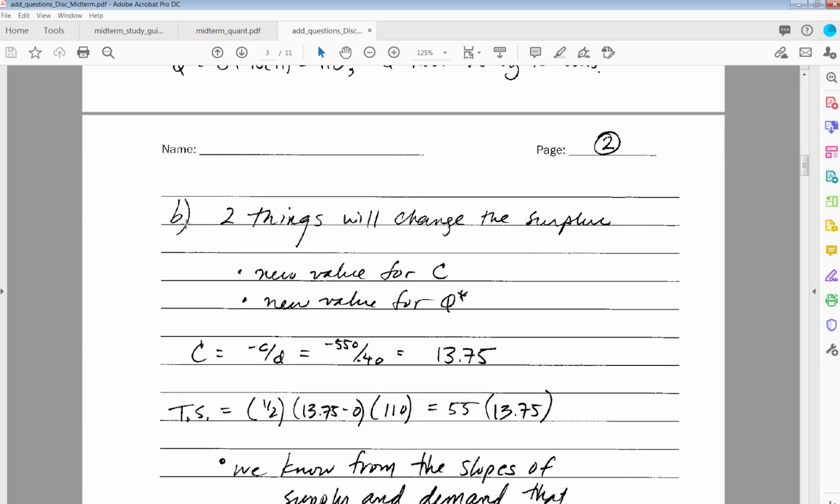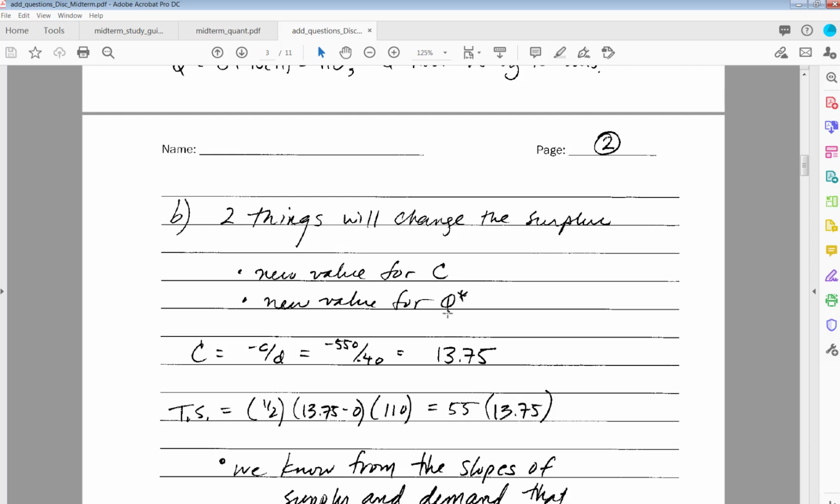Okay, part B says how will this policy, this subsidy, affect consumer and producer surplus? In the math, we can think of two things. If you go back and review, and you should be able to, you can bring total surplus equations with you, or producer surplus, consumer surplus, however you want. But the things that are going to change in those are this value for capital C, which is the intercept of the inverse demand curve, and we're going to get a new value for Q star.